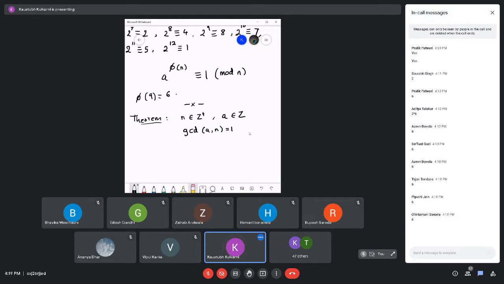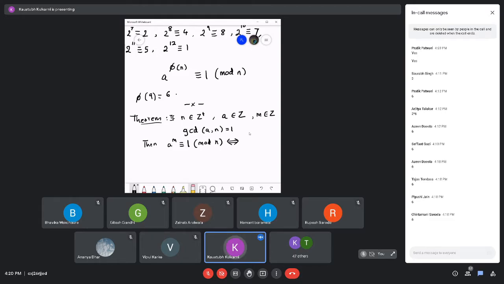Then a raised to m is congruent to 1 mod n, where m is also an integer, if and only if, or equivalently, the order of a mod n divides m. This is small m.